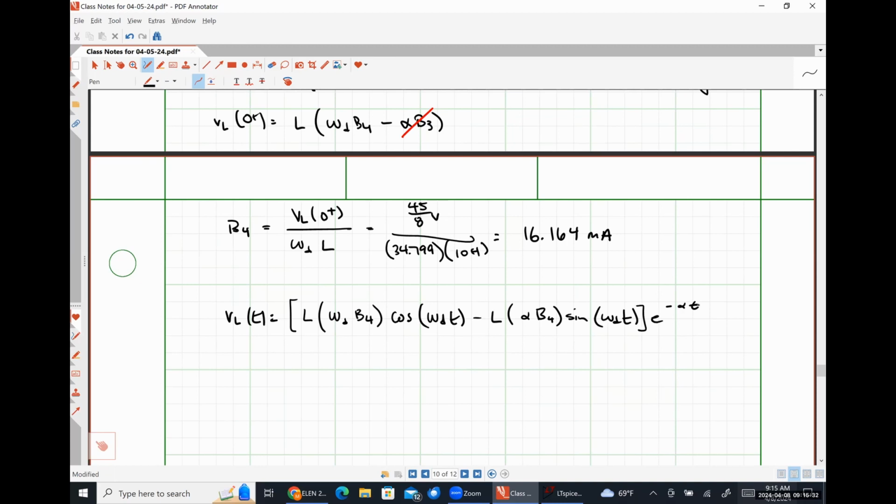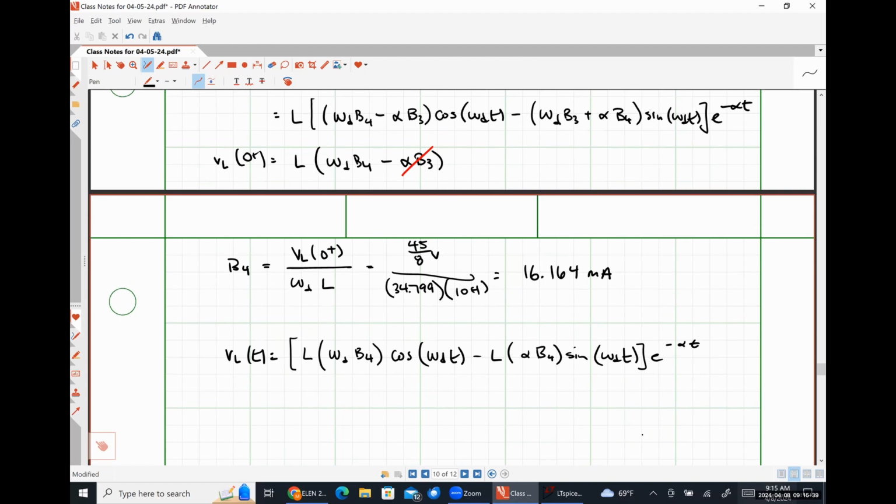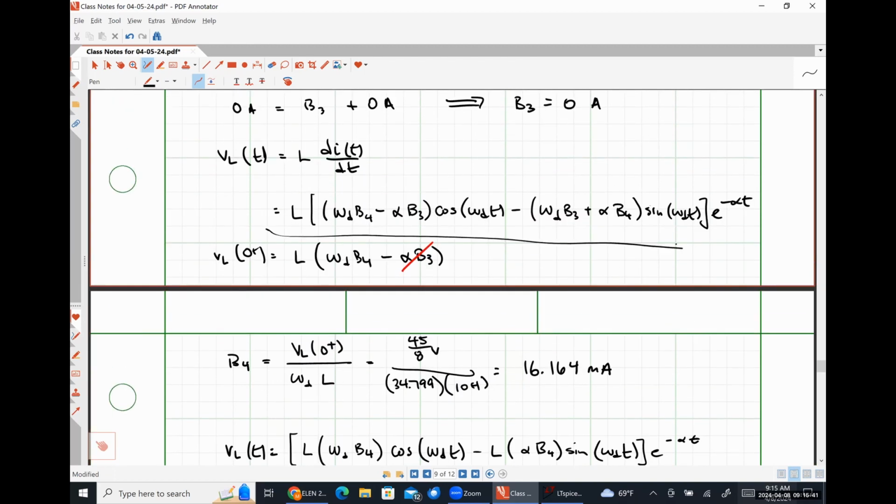We ran out of time, so we'll finish this one up on Wednesday. All I did to get this part right here is look at this expression where I know that this alpha B3 term and this omega d B3 term are going to go away because B3 is 0.